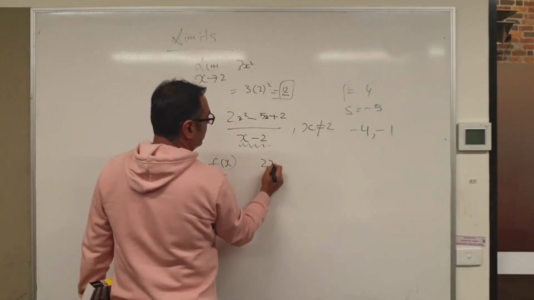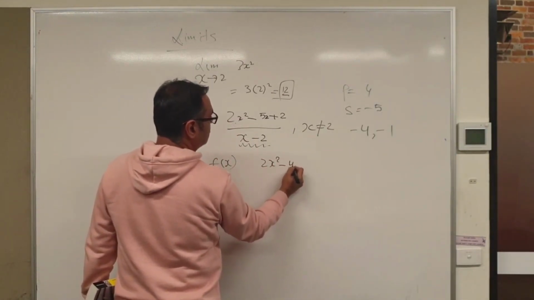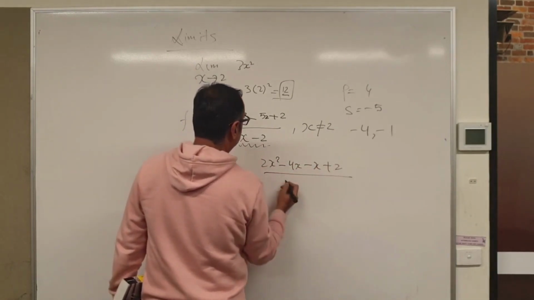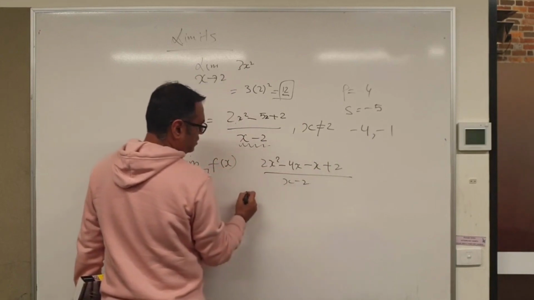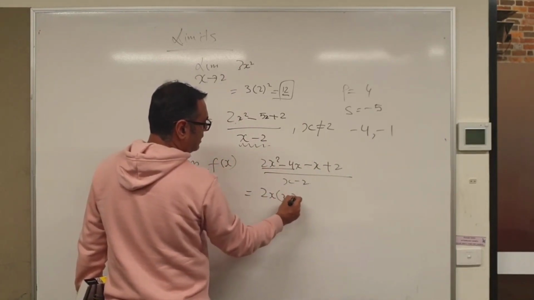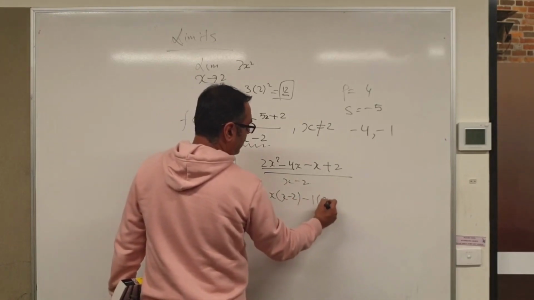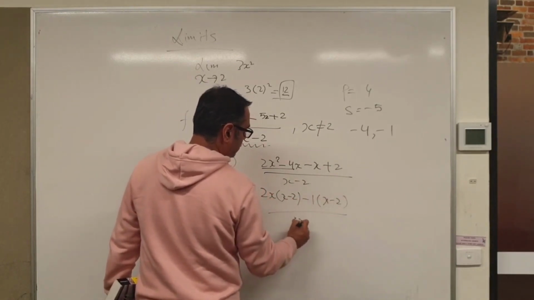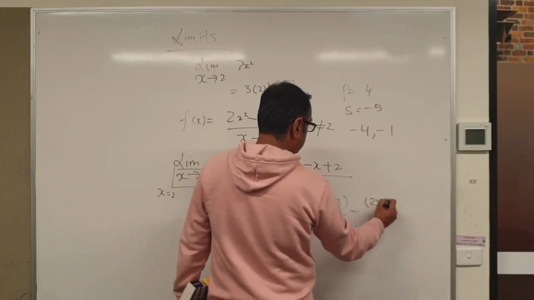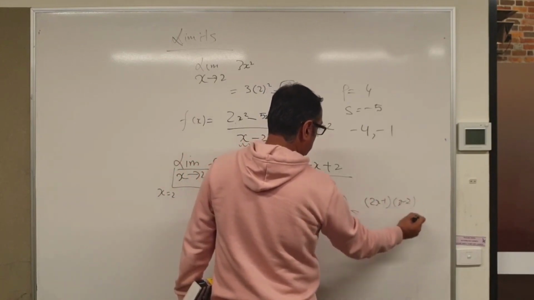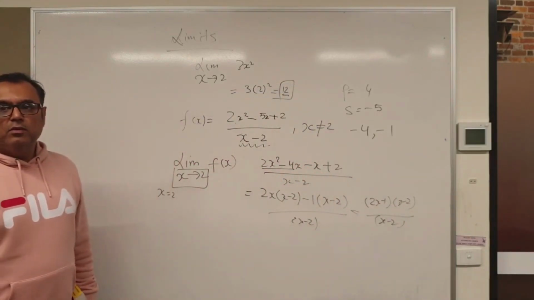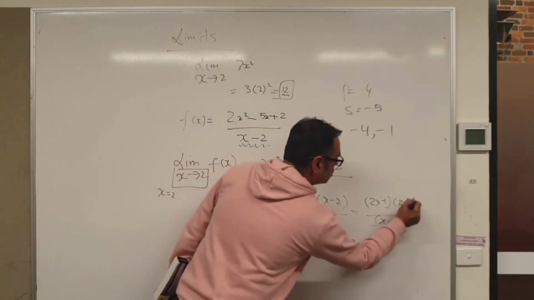So let's say 2x squared minus 4x minus x plus 2 over x minus 2. If I take 2x common, it becomes 2x(x minus 2) minus 1(x minus 2) over x minus 2, which becomes (2x minus 1)(x minus 2) over x minus 2. Now, I can just knock these two off.